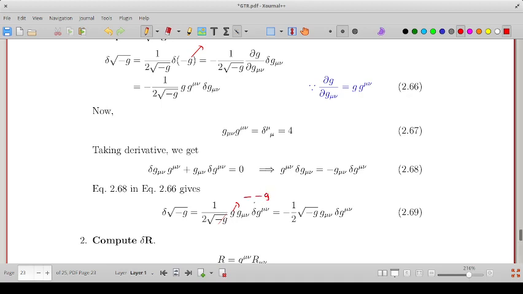But then this minus g can be written as square root of minus g times square root of minus g. So one of those square root of minus g is cancelled with this one. So we end up with a minus sign, which I write here, and then this square root of minus g, and then this factor.